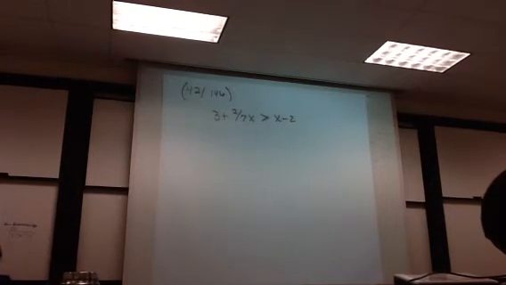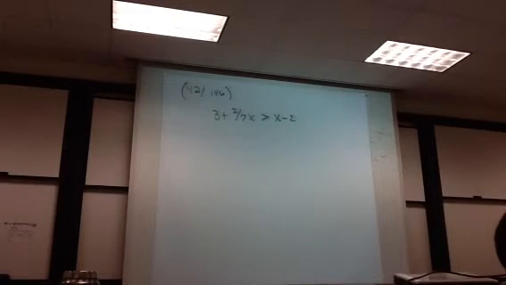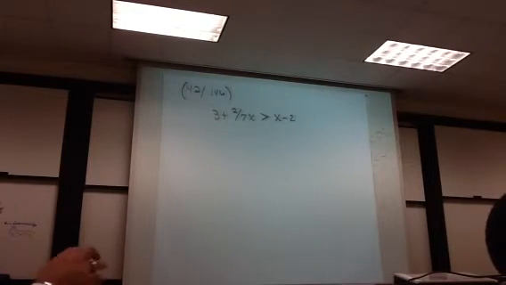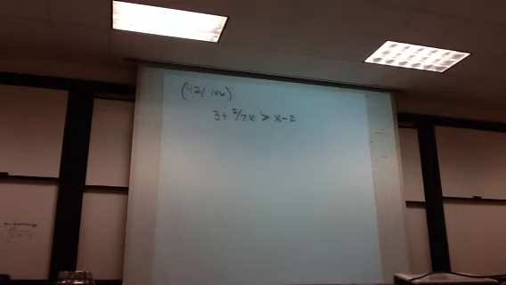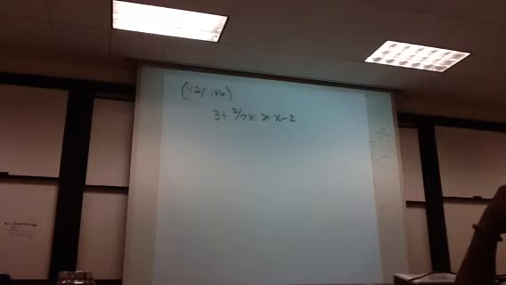Here again is where your expertise in dealing with equations is going to come into play solving this inequality. If you had an equation that had fractions in it, do you remember the steps we went through? What's the first thing you look for? Find a common denominator. They've only got one, so it's going to be pretty easy. What's the common denominator? 7. Yeah, it's 7. But what do you do with that?